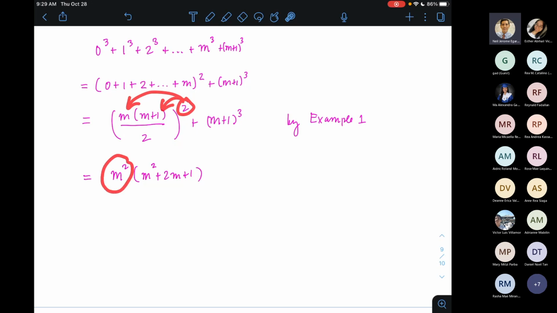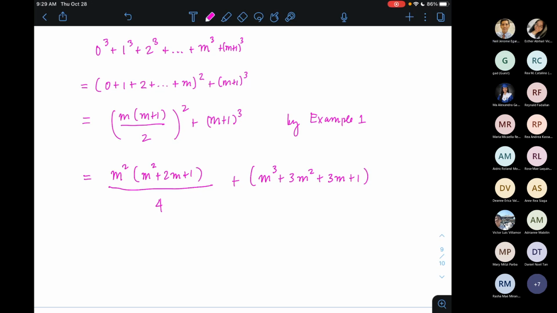So you'll have m squared from there. And then m plus 1 quantity squared is simplified this way. It's going to be m squared plus 2m plus 1 all over 2 squared, which is 4. And then we will expand m plus 1 cubed using special products again. That's going to be m cubed plus 3m squared plus 3m plus 1. Okay?